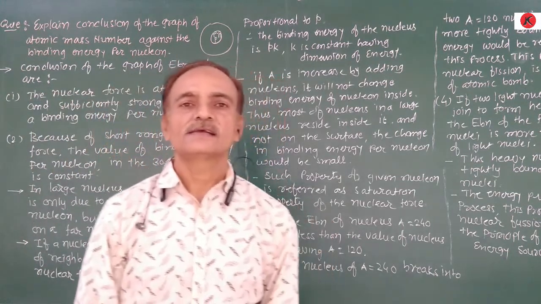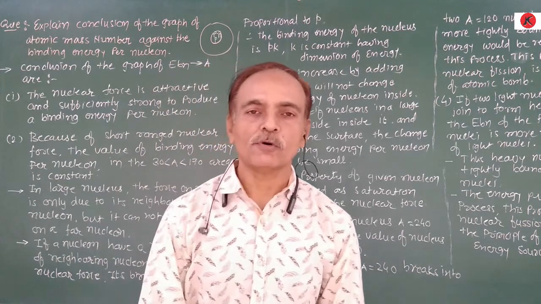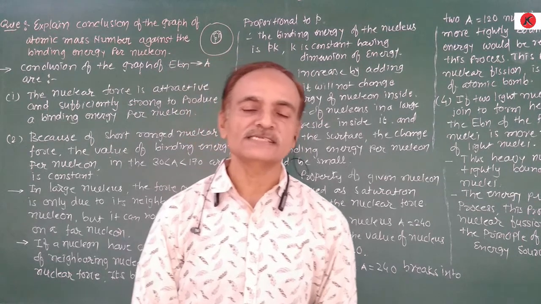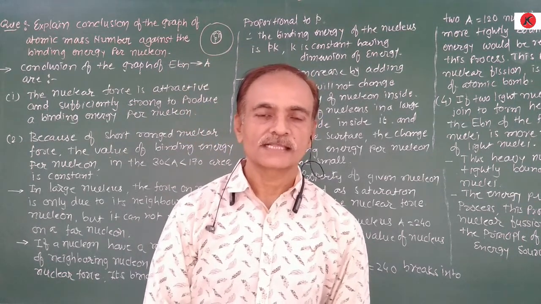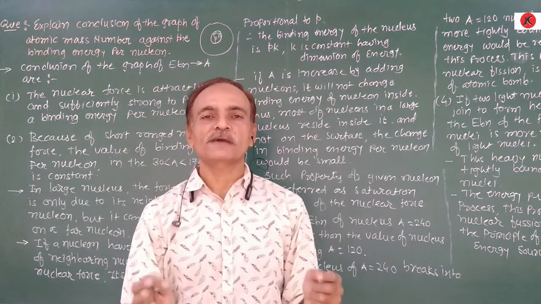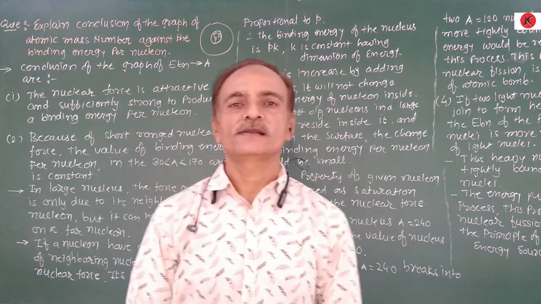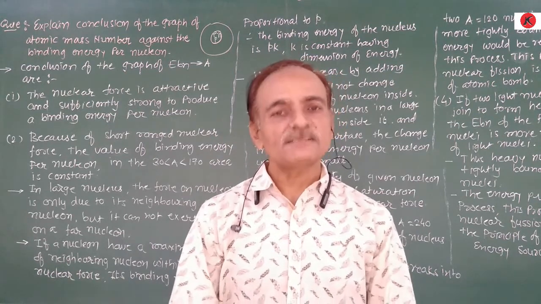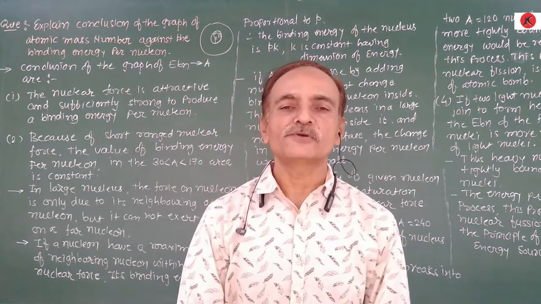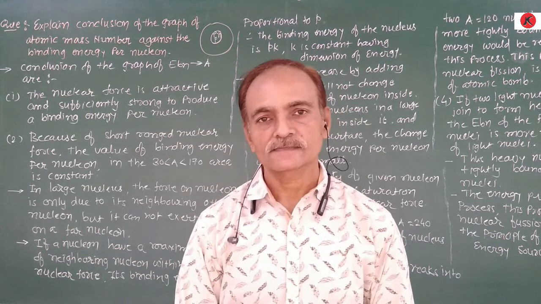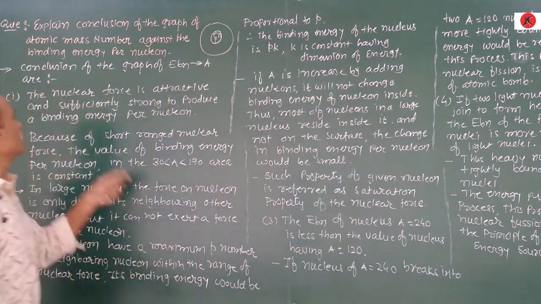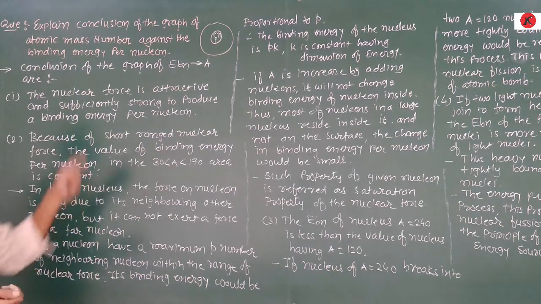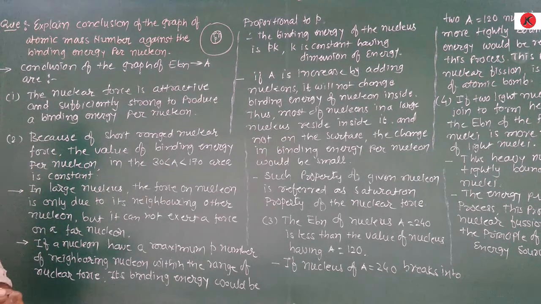The question is, why are the proton and neutron bound in the small central region of an atom, that means inside the nucleus? That means one strong attractive force acts on the proton and neutron, which binds them in the nucleus. Therefore, the nuclear force must be attractive and sufficiently strong to produce the binding energy per nucleon.